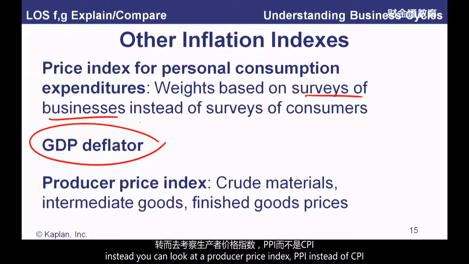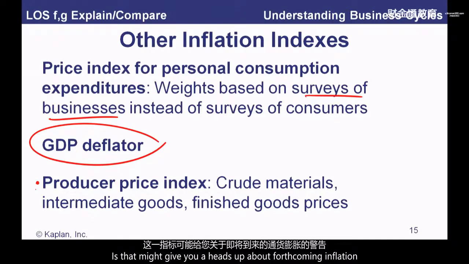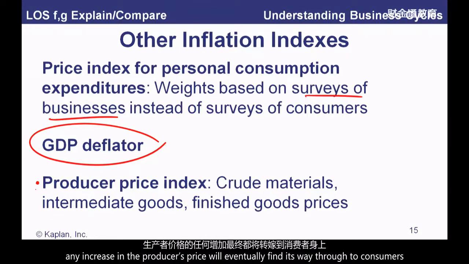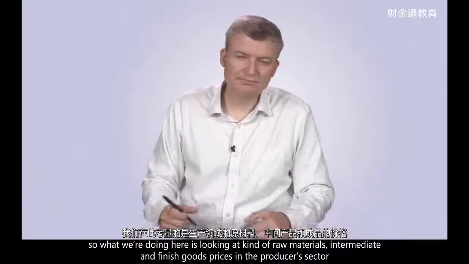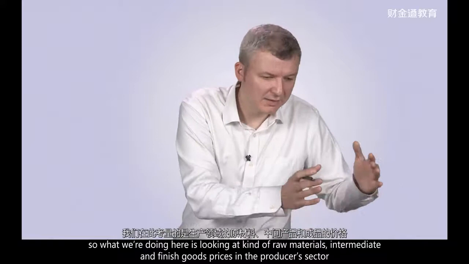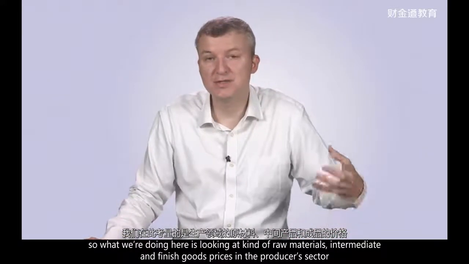Or you could look at, rather than a consumer price index, a producer price index, a PPI instead of the CPI. The argument here is that might give you a kind of heads up about forthcoming inflation. Any increase in the producer price index will eventually find its way through to consumers. So what we're doing here is looking at raw materials, intermediate and finished goods prices in the producer sector.